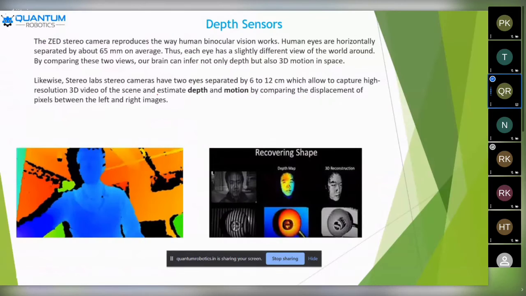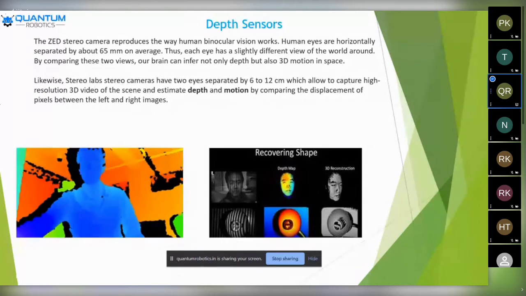The depth sensor is a stereo camera that reproduces the way human binocular vision works. Our eyes can view only a certain range; smaller or larger particles we cannot see with the naked eye, and we have to use a microscope or something else.